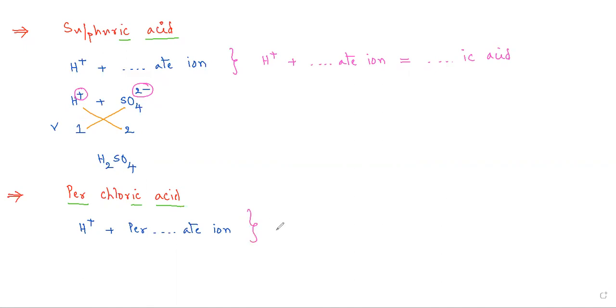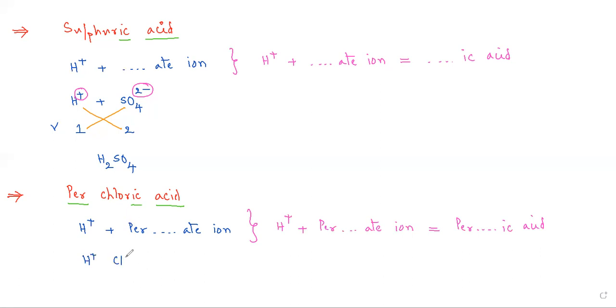Now let us write the general formula. H plus per-ate ion is nothing but peric acid. Right? Now H plus perchlorate.